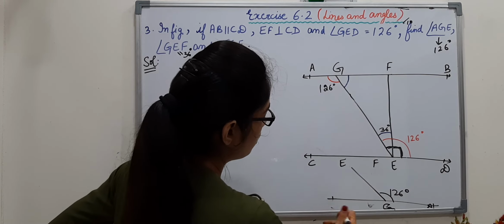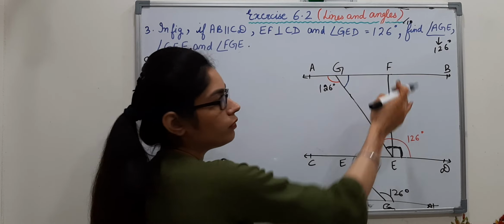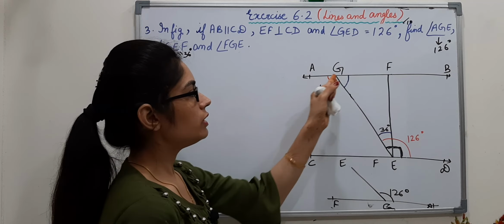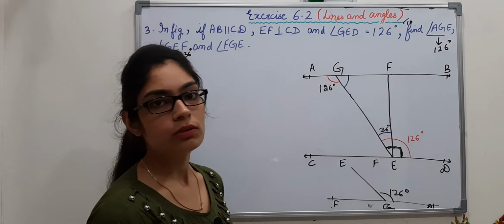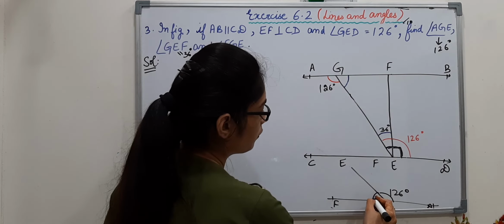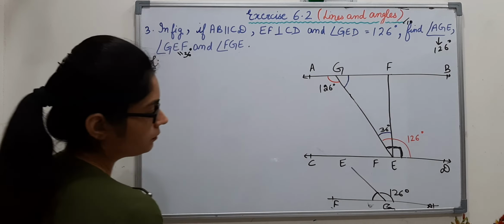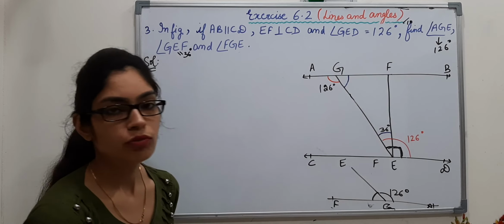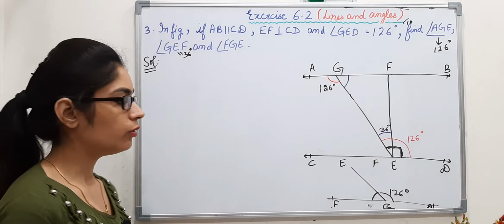We can mention F also, because if we produce F, it meets point B, so you can mention FGE also and BGE also, the angle will remain the same. So like this we'll get the figure. These two angles are forming a linear pair, so this result we are going to use here.